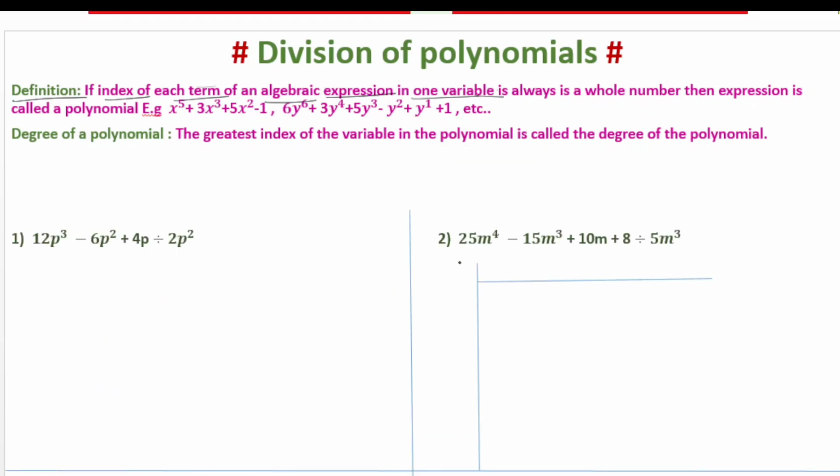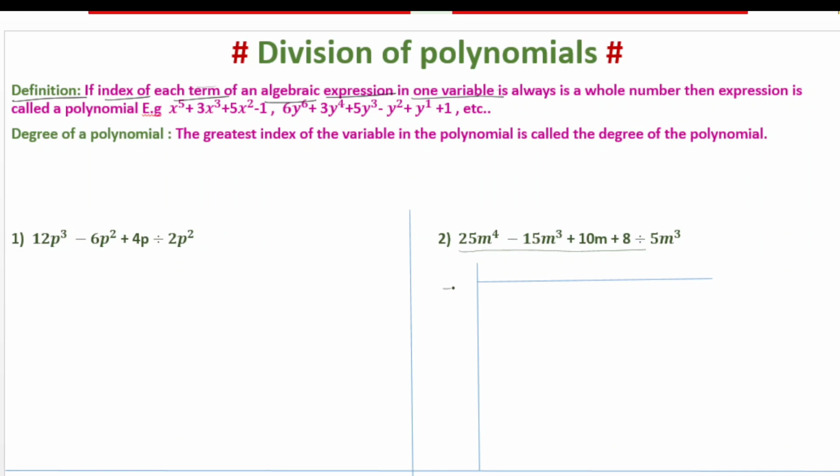Next example: (25m⁴ − 15m³ + 10m + 8) divided by 5m³. This means the polynomial 25m⁴ − 15m³ + 10m + 8 is divided by 5m³.